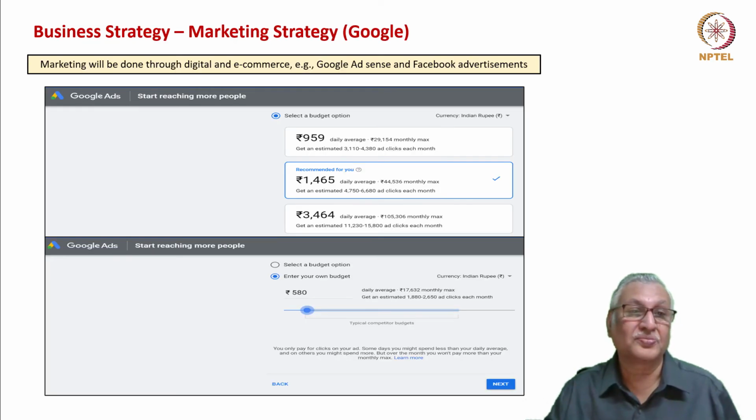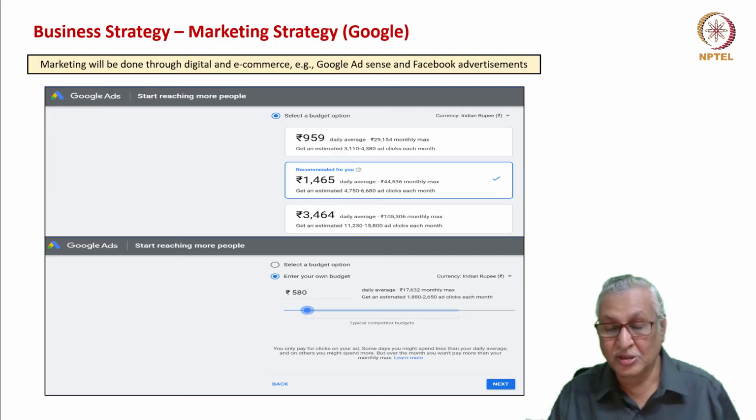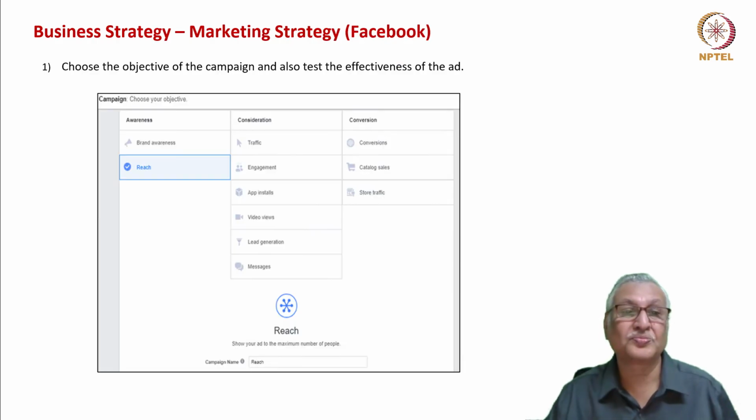called Lingua Reader. Then you need to have a marketing strategy. You will resort to Google ads, you may resort to Facebook ads, have a budget, and then you take up a plan which will support you.